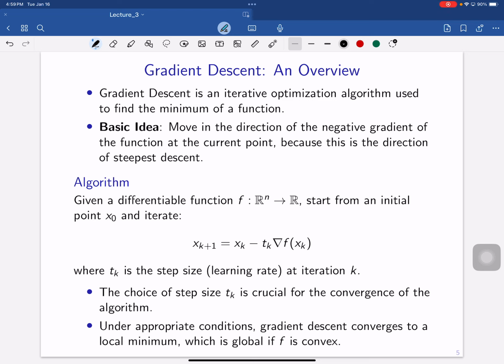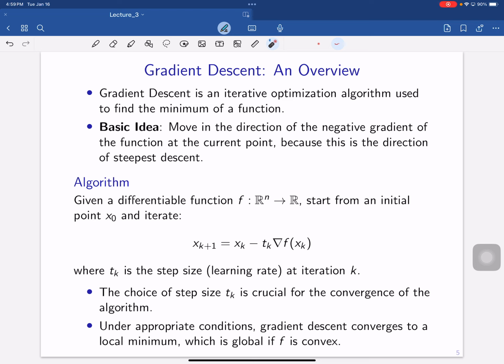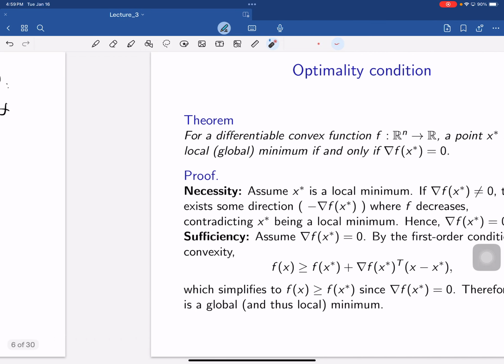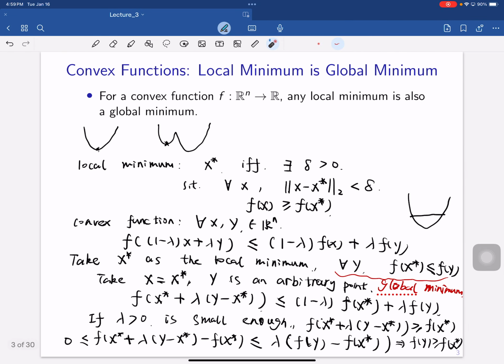So the basic idea is shown here. You are just moving in the direction of the negative gradient at a given point, because this is the direction of steepest descent. Why is it the direction of steepest descent? That is what we have already shown earlier.